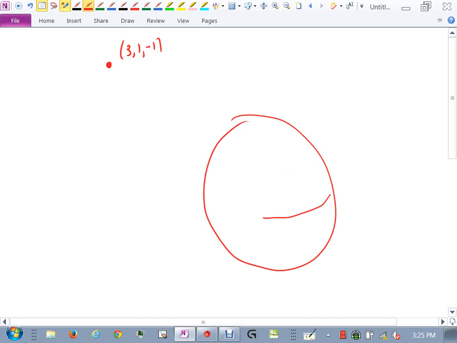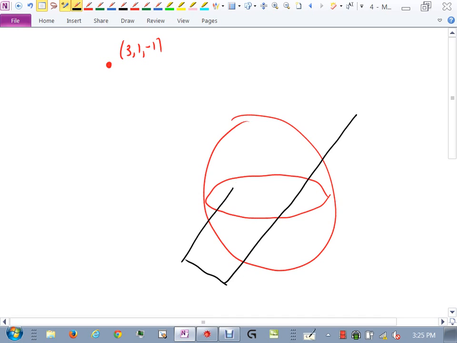We were trying to find the points on this sphere that made it furthest and closest, right? What if, instead of it living on this sphere, it lived on that sphere and its intersection with some plane?